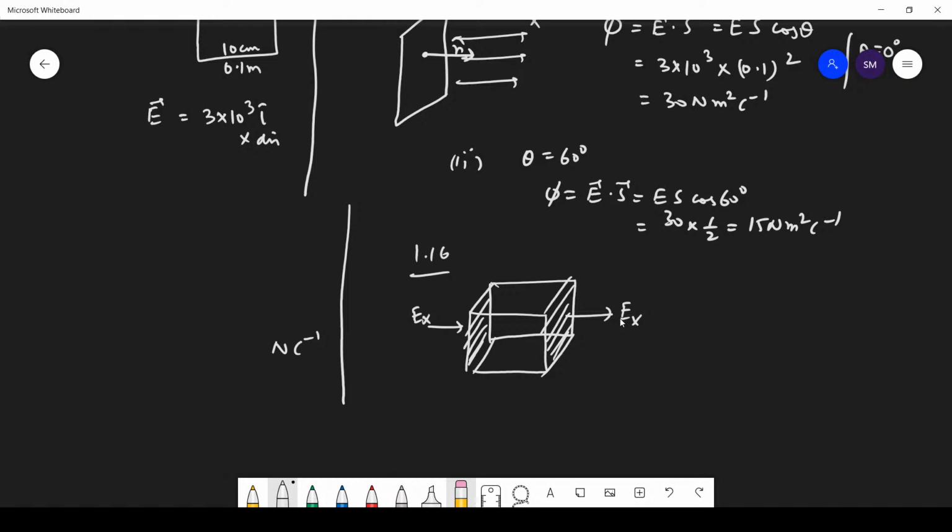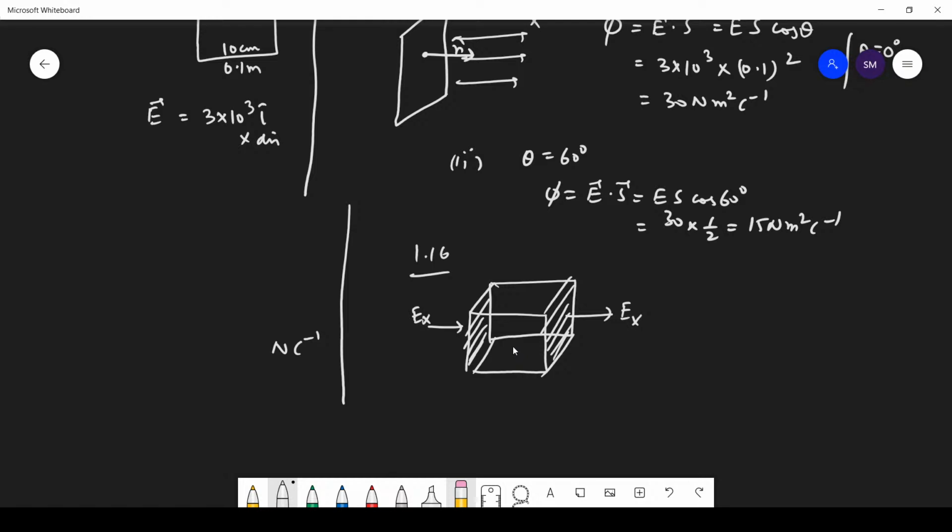And here there is no flux through these 4 faces. So the flux is through these 2 faces, and flux entering is equals to flux leaving, and through these 4 surfaces there is no flux coming out. Theta is 90 degree for all these faces, but the net flux of the field means the net flux coming out of the surface.